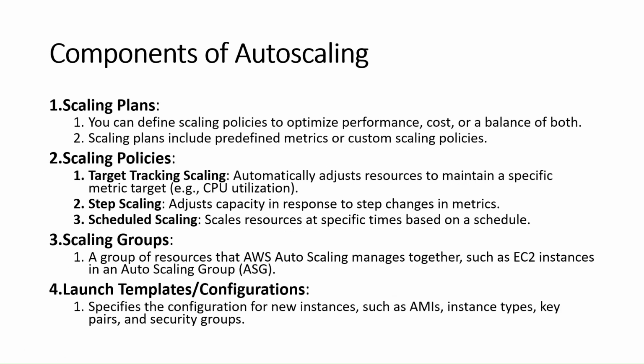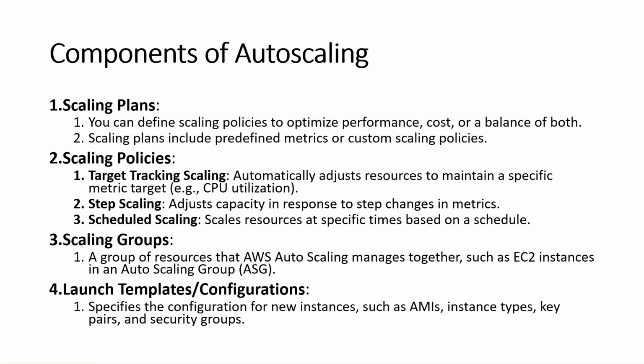Now let's see components of autoscaling. First one is scaling plan, second one scaling policies, third one scaling groups, and fourth one launch templates or configurations. Firstly, let's see scaling plans. You can define scaling plans to optimize performance, cost, or a balance of both.